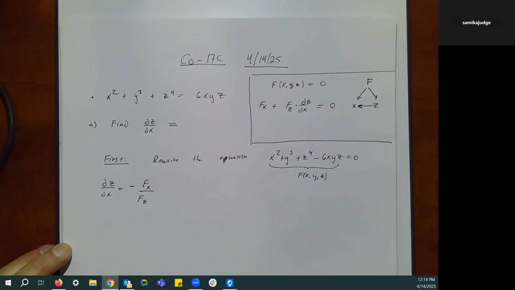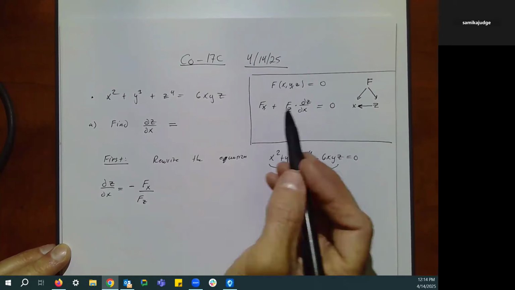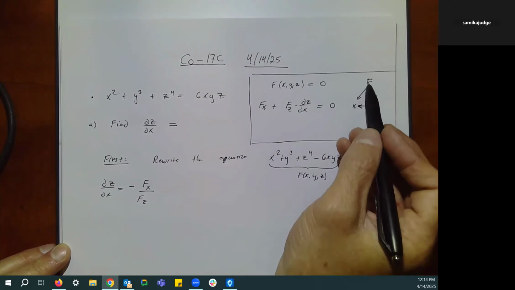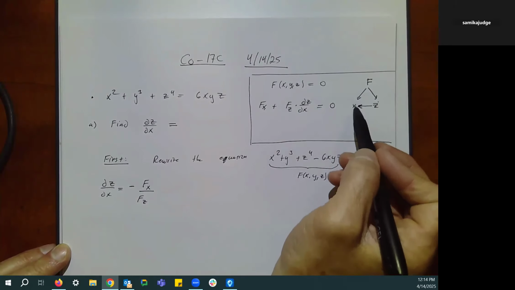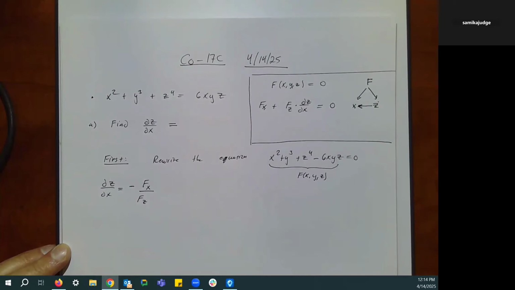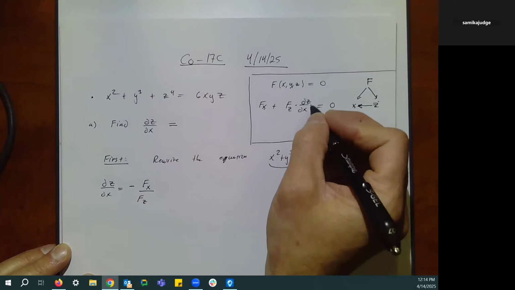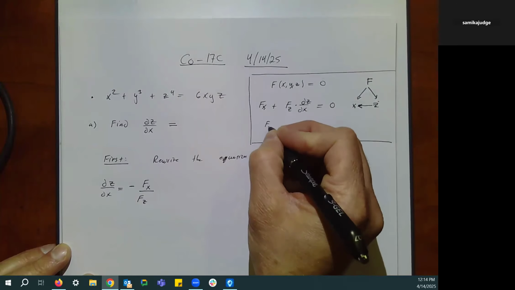So we're finding all the paths that get us from f to x. Fx is one of them, and fz times del z del x is the other path that gets us there.